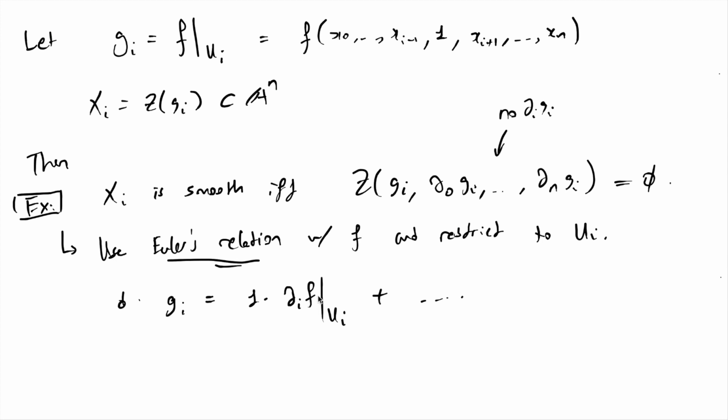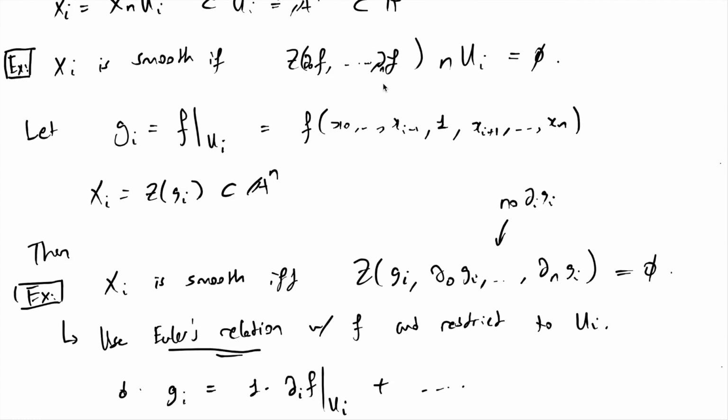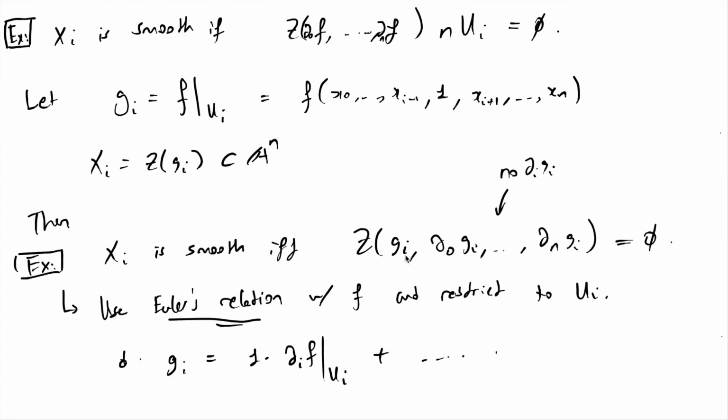So the i-th derivative of f restricted to U_i is a combination of g_i and the other derivatives, which means it suffices to check the vanishing of everything here to conclude the vanishing of all the derivatives of f. And obviously this might be very convenient if you just started with something that's affine. So this g_i is just some affine polynomial. Then you just take all of its derivatives and take the polynomial itself and check whether there's any common zeros to check for the smoothness of your affine hypersurface.